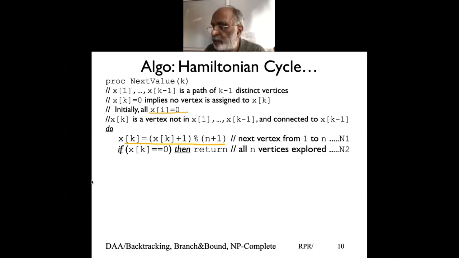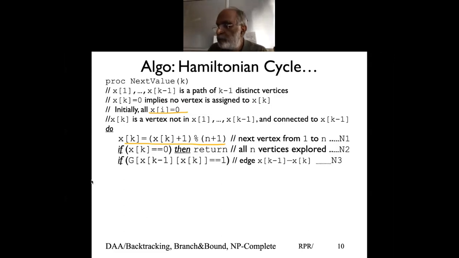If you found a vertex, now make sure that there is an edge from the previous vertex k minus 1 to this vertex. And we are keeping an adjacency matrix. Because we are keeping an adjacency matrix, from the k minus 1th row to the kth column, is there an edge? That will be the case only if the edge is there, the value would be 1, otherwise 0.